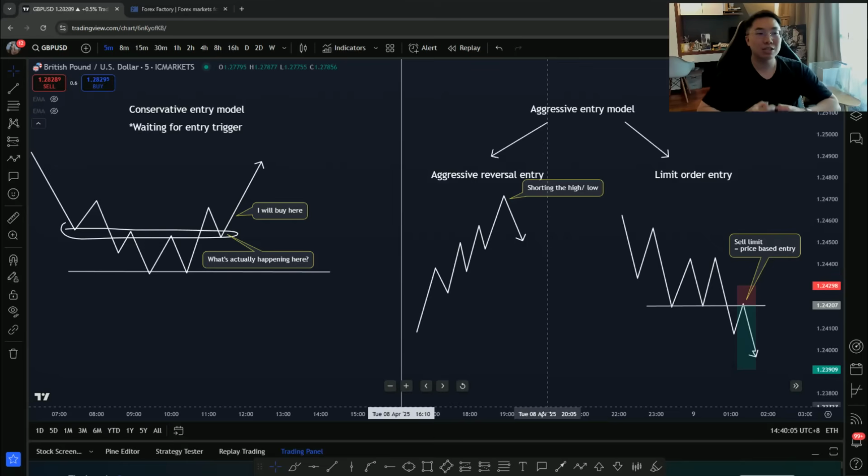Why? Because it takes off a lot of psychological pressure. The feeling of, I'm unsure whether I should go long, whether I should take it here or later, whether I should wait for confirmation. If you are someone who is struggling with hesitation, go for a limit order based entry model.